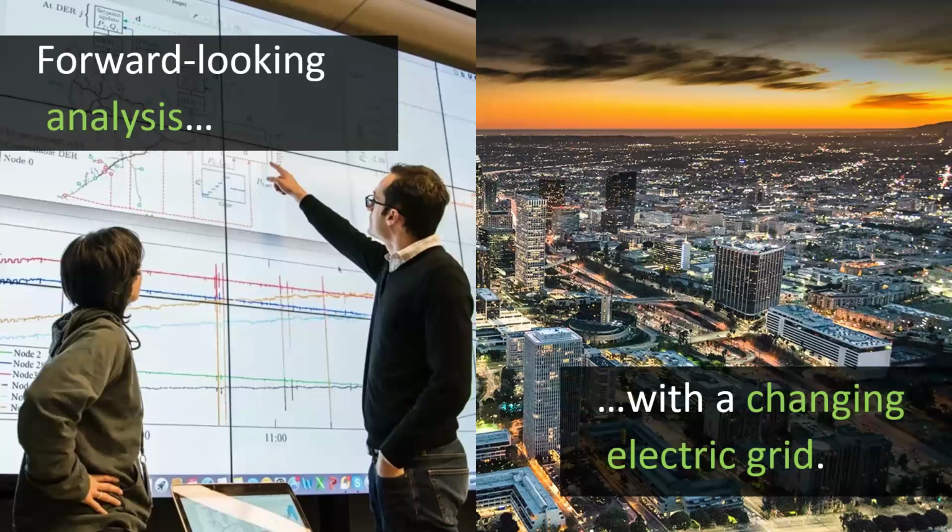Anytime you're selling or purchasing electricity or perturbing things in any way with the electric grid, that's the domain that we're playing in here. However, there's a difficulty if that is your objective, which is that the grid is changing quite rapidly. So if you're trying to do a forward-looking analysis, what do you do?